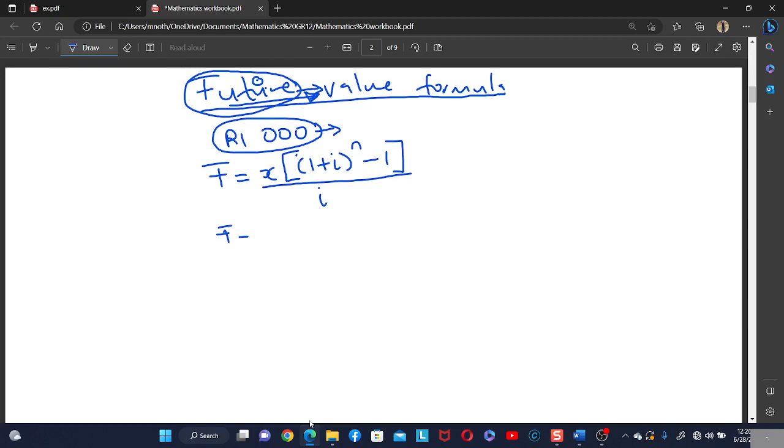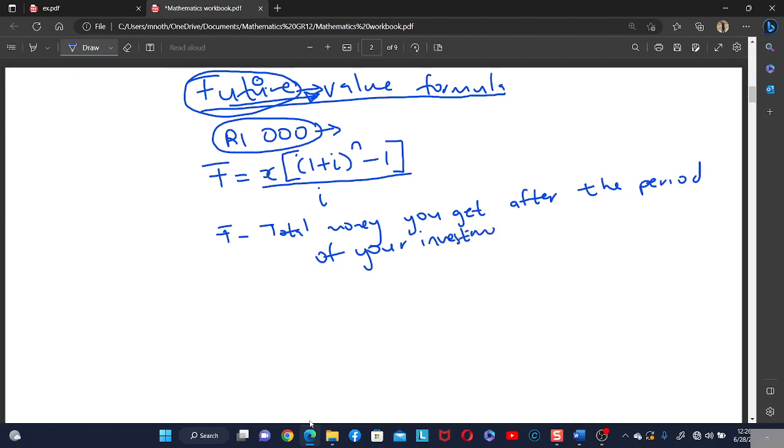F stands for the total money you will get after the period of your investment.